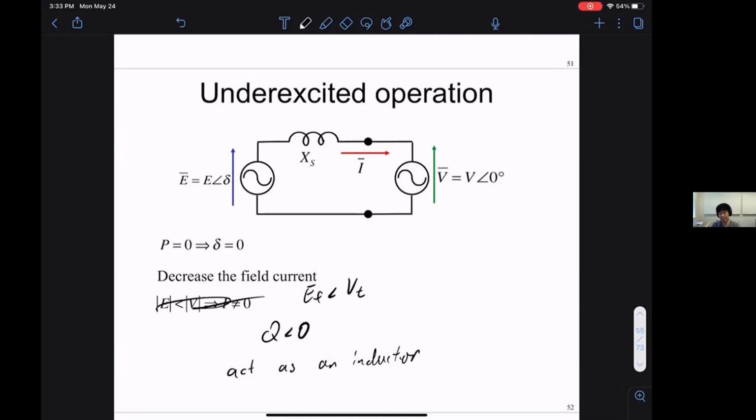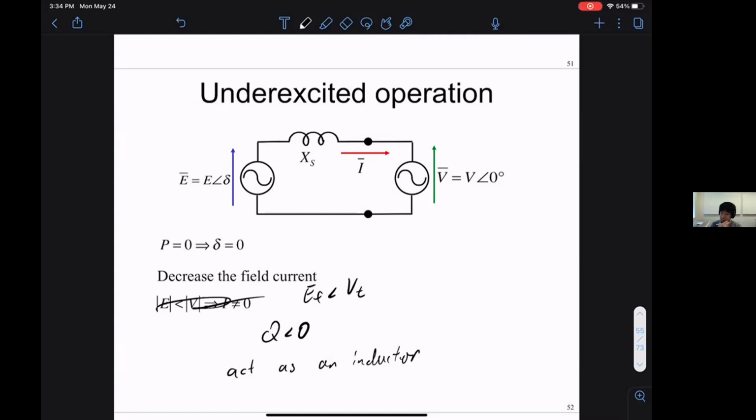When we get to an induction machine, we'll see that's different. Turns out an induction machine can only consume reactive power, but for synchronous machines, reactive power flow can go both ways.